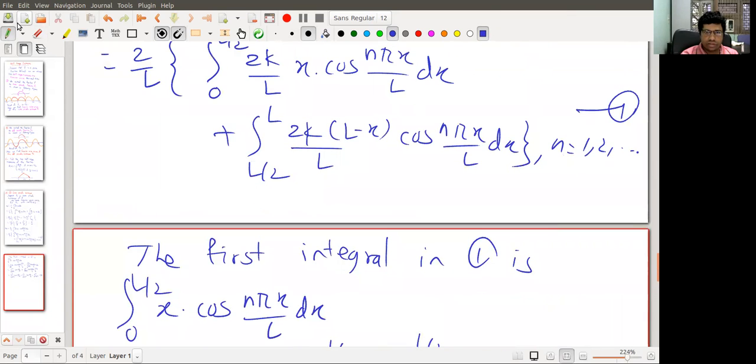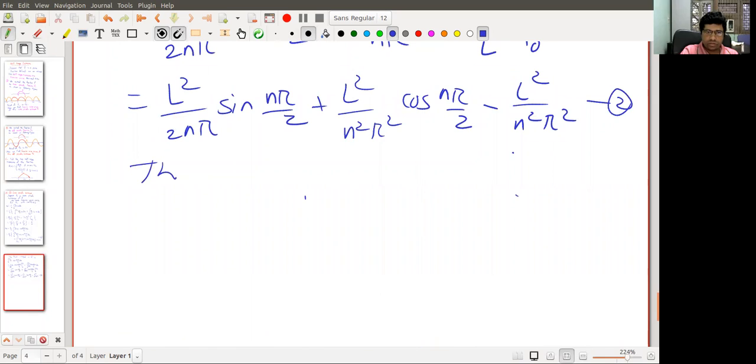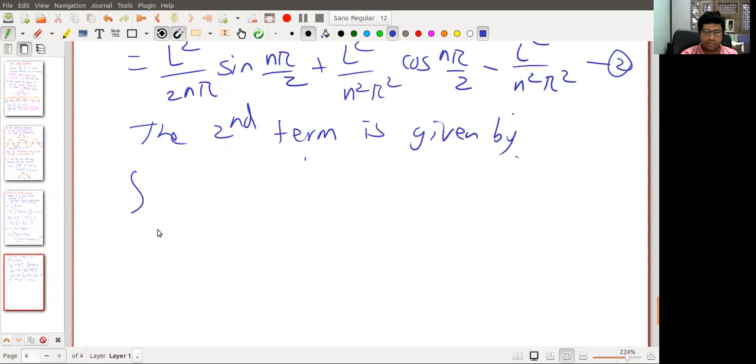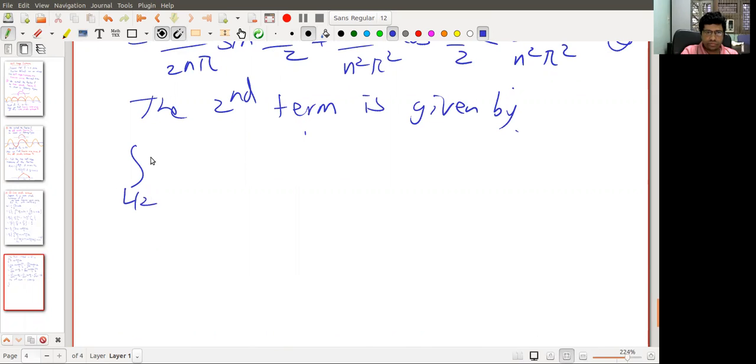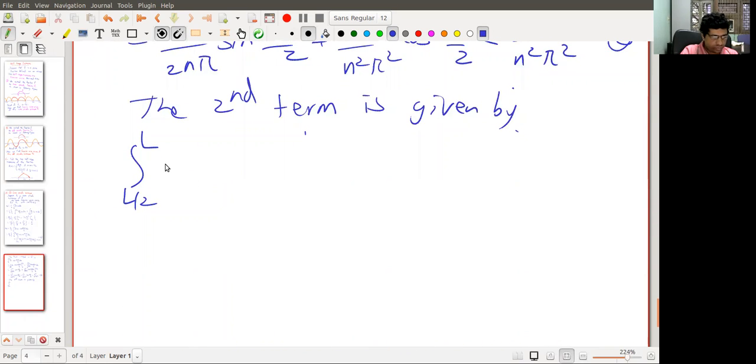So the second thing is we take this 2k by L outside and find the integral of L minus x times cos n pi x by L. The second term is given by the integral from L by 2 to L of L minus x cos n pi x by L dx. Okay, again we use integration by parts.